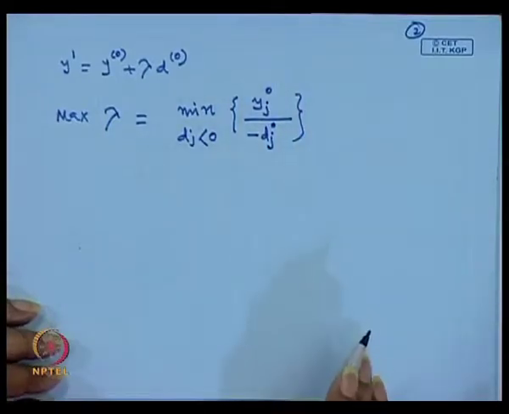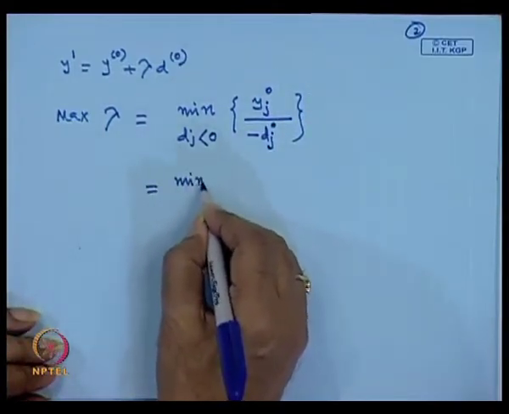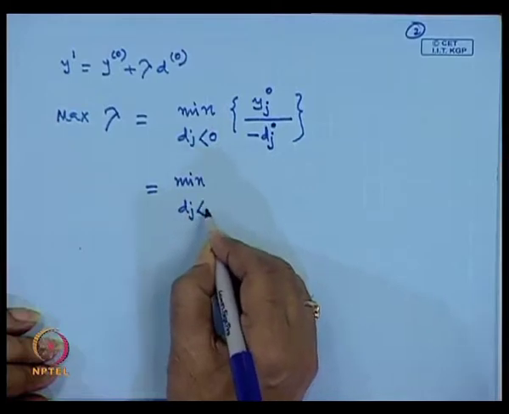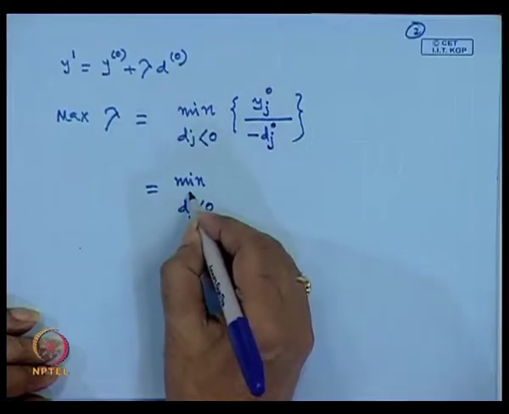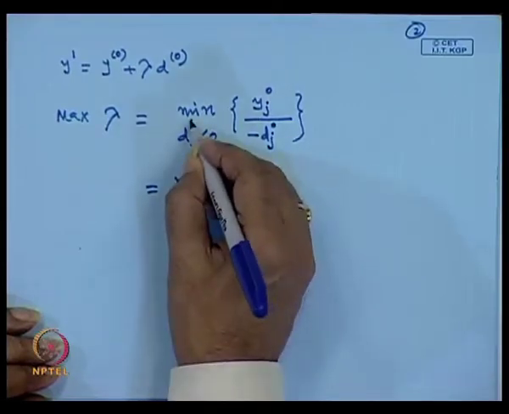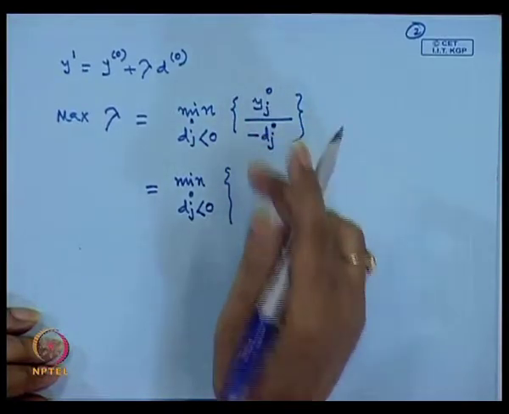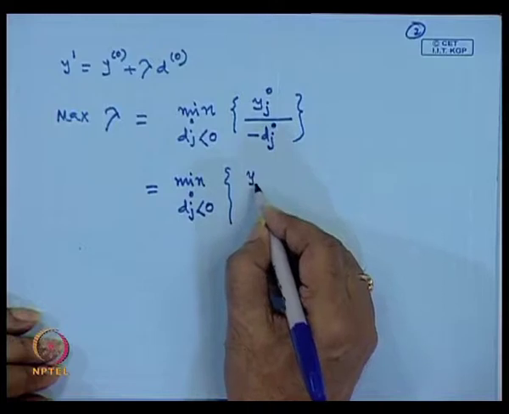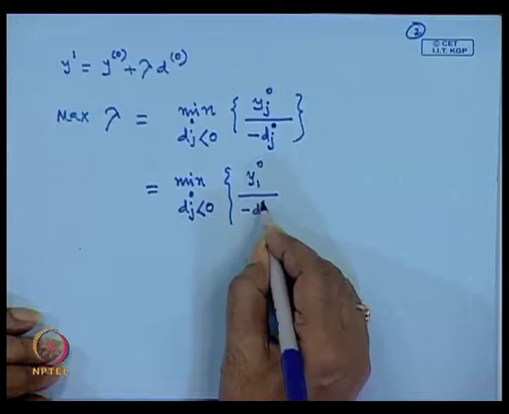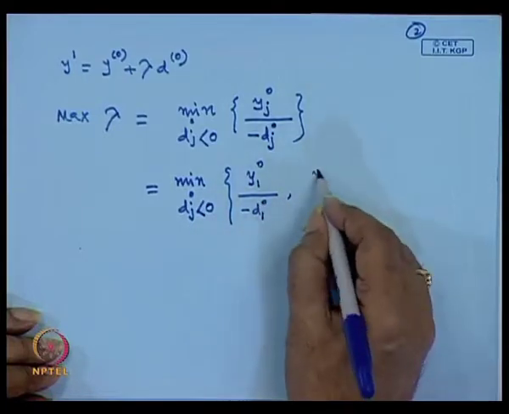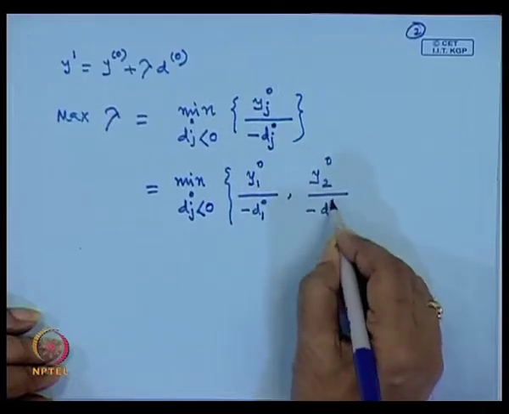So, for this problem you see what we are getting here, d superscript 0. If you write it with superscript 0, then how many components? y1 superscript 0 minus d1 superscript 0. Another point is y2 superscript 0 minus d2 superscript 0.